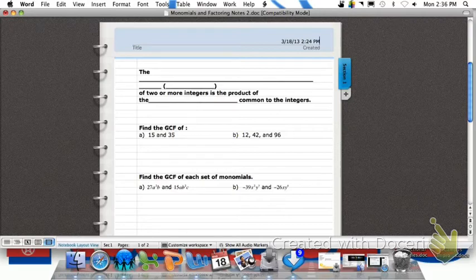The next part says, the blank, that blank should be greatest common factor, or we call this the GCF.